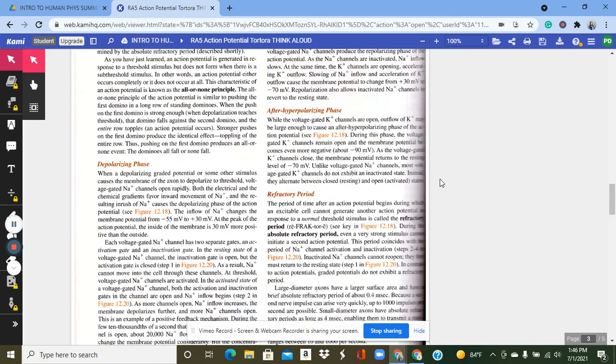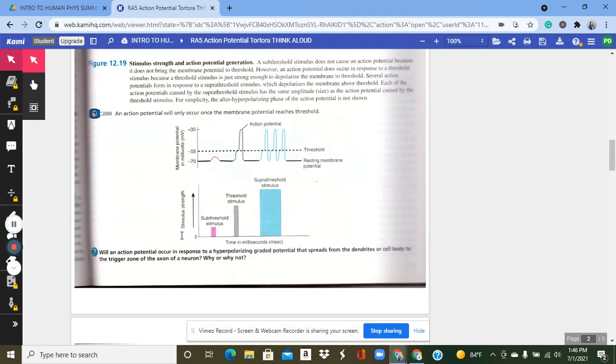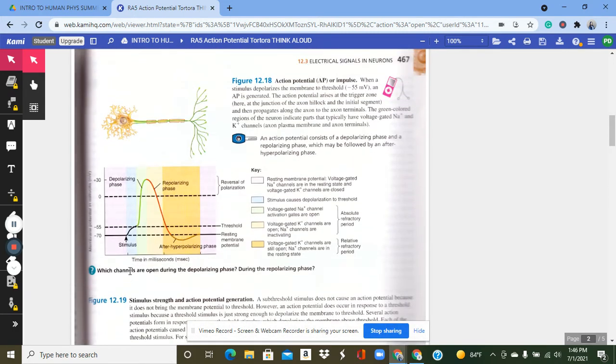Unlike voltage-gated sodium channels, most voltage-gated potassium channels do not exhibit an inactivated state. Instead, they alternate between closed resting and open activated states. So let's look at figure 12.18 first.